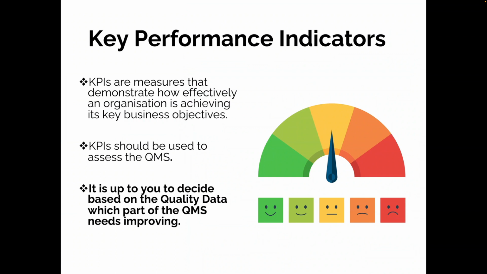The KPIs are the dashboard to decide whether your quality system is actually functioning and moving in the right direction. And it's up to you to decide, based on the quality data, which parts of the QMS need improving, and which KPIs you should use to assess the quality system.